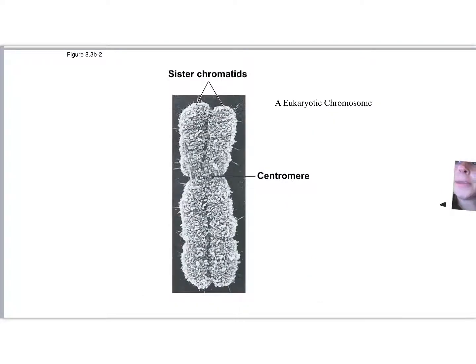So remember when I was talking about being able to see this with a microscope? Yeah, you can. It's dense. It goes from being a string structure to all wadded up, plus it's got all the extra mass of proteins in there. And so this is a pair of sister chromatids, right? Here's one on this side, and the other one's here on this side, and they're joined together at the centromere.